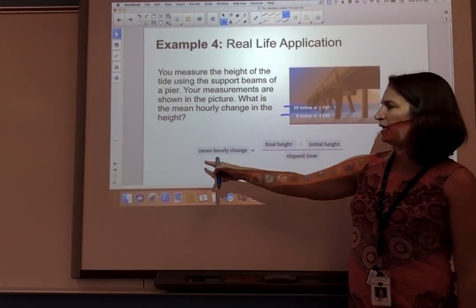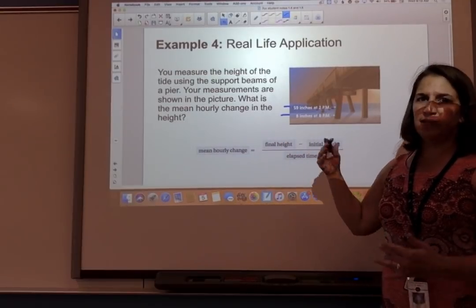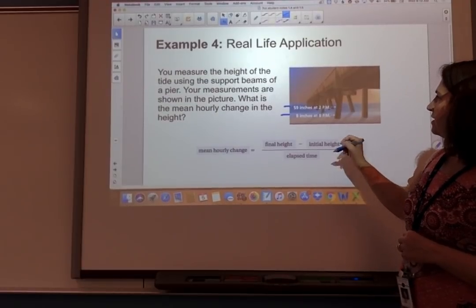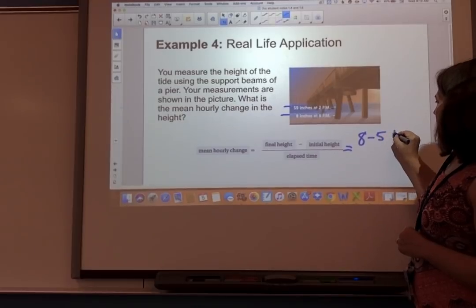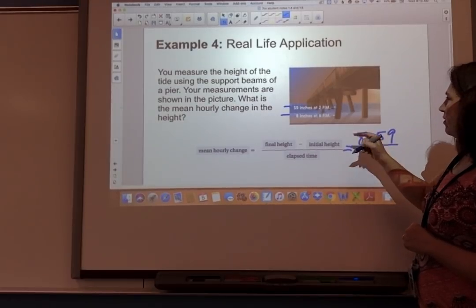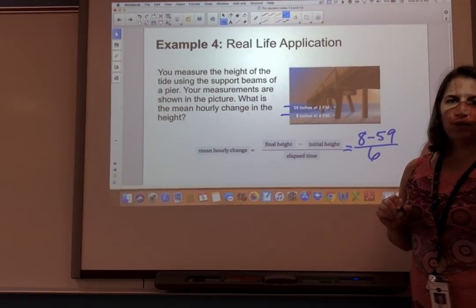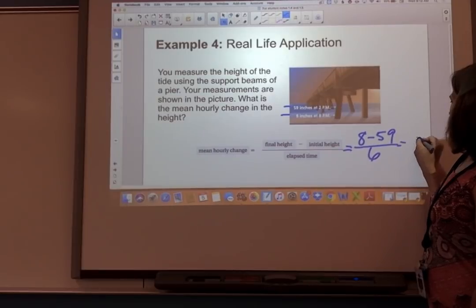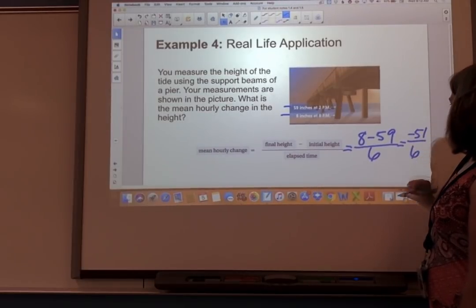So here we're going to say the mean hourly change is the final height minus the initial height, so how much it's changed, all over the elapsed time. In this case, we're going to say 8 minus 59 over the elapsed time, which is 6 hours. All we need to do is simplify that. 8 minus 59 is going to be negative 51 over 6.